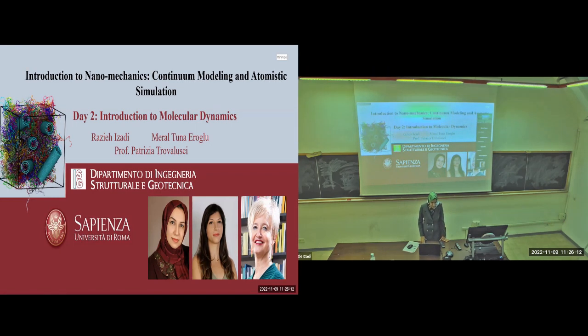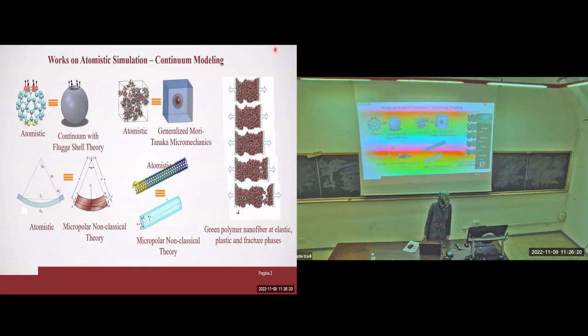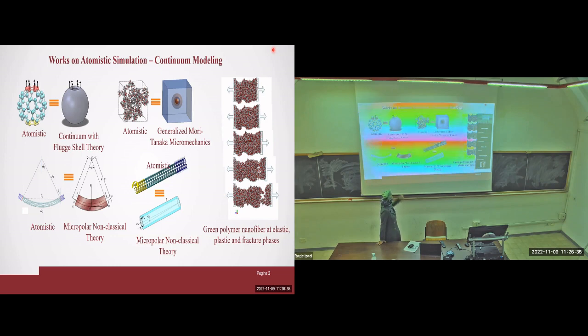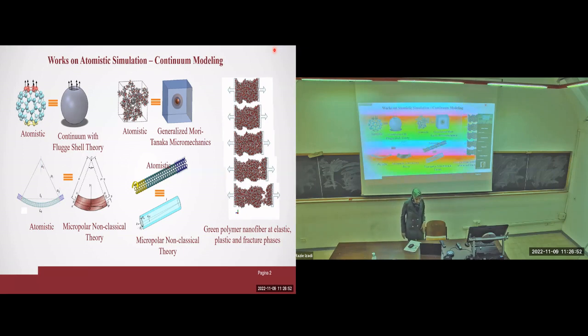My main field of expertise is nanomechanics, with atomistic simulation and multi-scale modeling, in which we try to find the mechanical properties of atomistic simulation using molecular dynamics, and also find continuum equivalence frameworks that can mimic the observed properties in atomistic simulation. Sometimes we use just classical theories to mimic the observed behavior, but sometimes in the classical theory there are some abnormal behaviors that cannot be described with classical theories, so we use more enriched continuum theories.